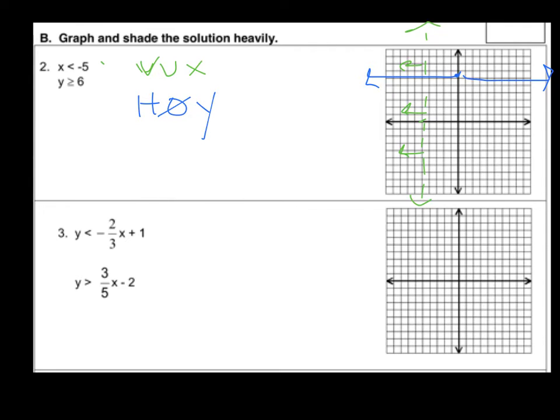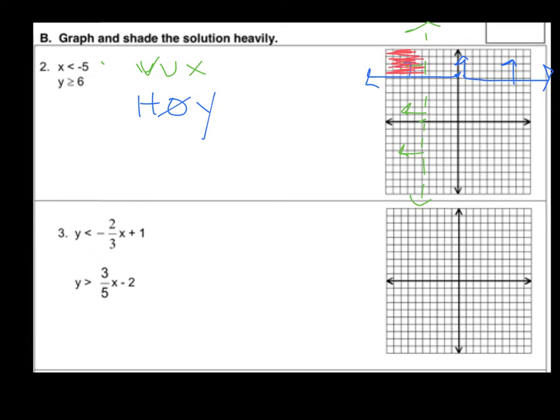Now this symbol says greater than or equal to, and I know the numbers that are above this line would be greater than. Now at this point you can very clearly see that right here, if I was shading, this portion of my graph would be both blue and green. So therefore, that is the solution to my system, and that is where I am going to shade.